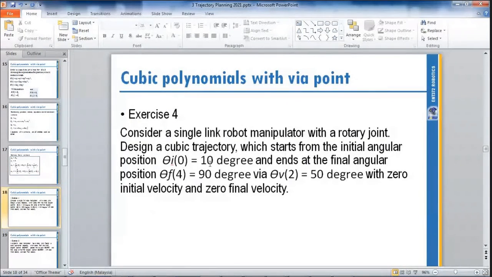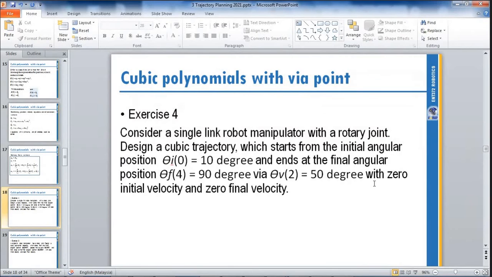Okay, for this example question, we start from the initial starting position of 10 degrees, and the final angular position is 90 degrees. That means 10 to 90. But you must go through a via point of 50 degrees, with 0 initial velocity and 0 final velocity.